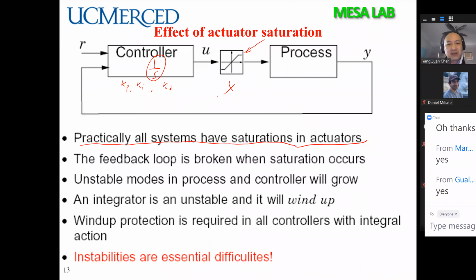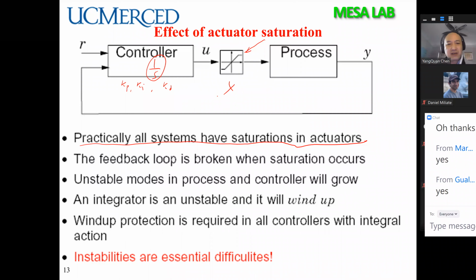It will wind up, meaning pile up and up. So we need some sort of windup protection to avoid that with this integral action, because those instabilities are hard to gain control back. So let's see an example.